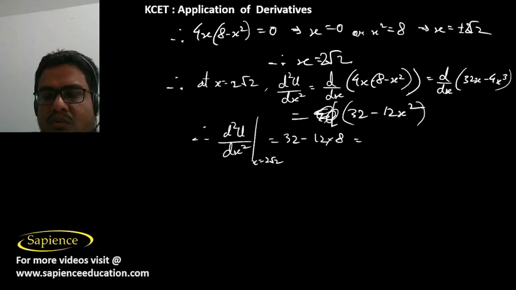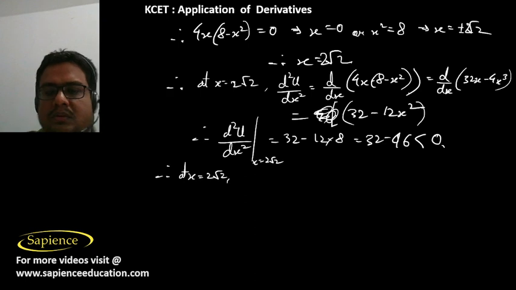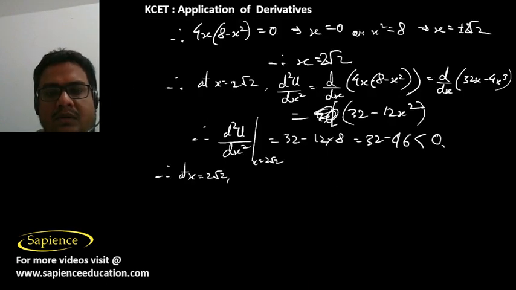So d square u by dx square at x equal to 2 root 2 is 32 minus 12x square, with x square as 8, that is less than 0. Therefore at x equal to 2 root 2 the area of the rectangle is maximum.